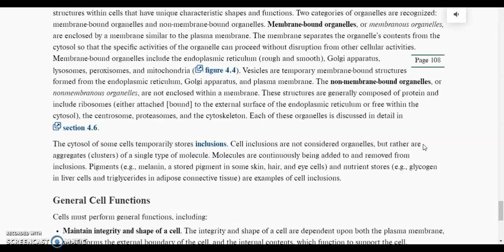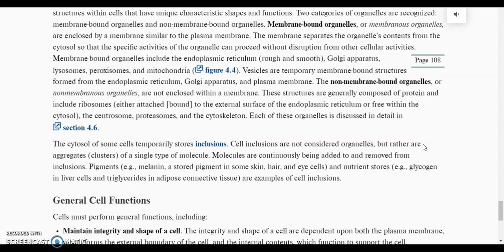So, and then another example would be we talked about in chapter 2, carbohydrates, and the two examples that are most important in the human body is glucose and glycogen. And remember, glycogen is the storage form of glucose in cells, mainly liver cells and muscle cells. And so whenever the glycogen, it's just a molecule that's got a bunch of glucose bonded together.